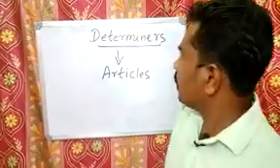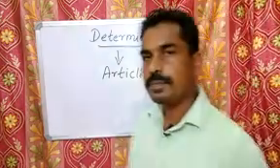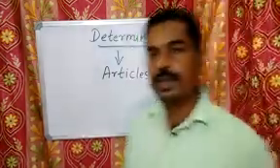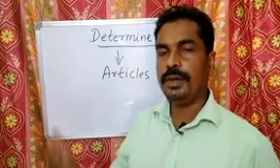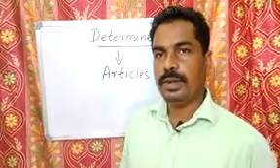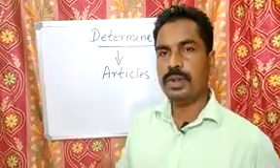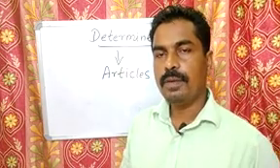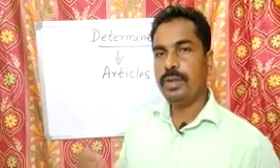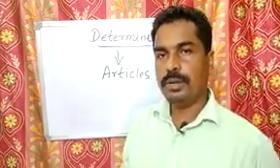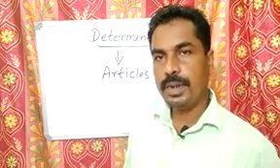Likewise, there are different types of determiners. We have articles, a and the. We have demonstrative determiners: this, that, these, those. We have possessives: my, our, your, his, her, its.